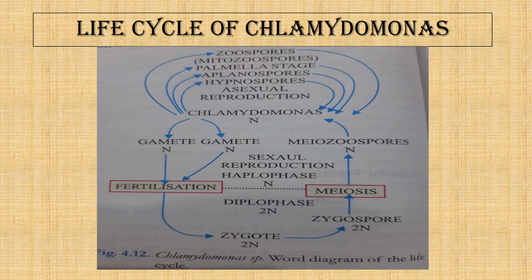The main or dominant stage of Chlamydomonas is the haploid stage, and if the conditions are conducive for growth, it usually reproduces asexually.